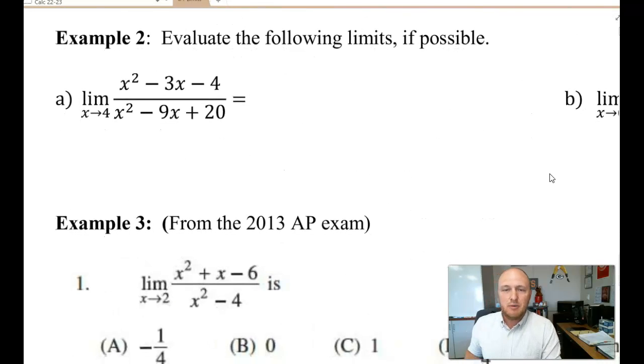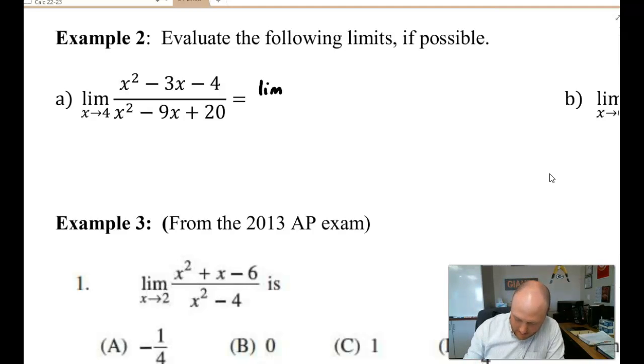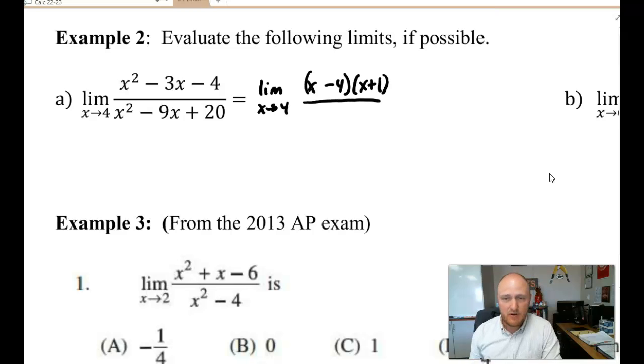So here's that same problem that we just looked at. I'm going to rewrite my limit statement as x approaches 4, and I'm just going to factor the numerator: x minus 4, x plus 1. And I'm going to factor my denominator: x minus 4, x minus 5.